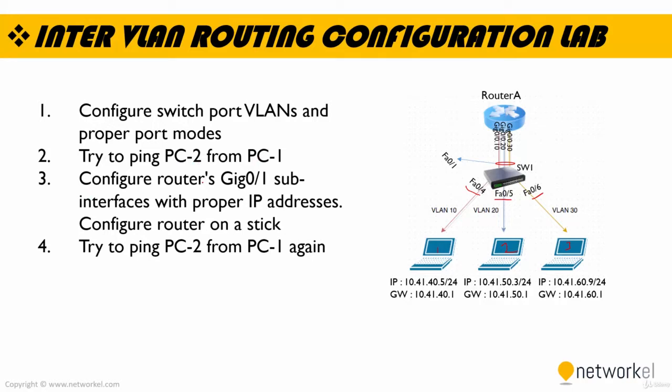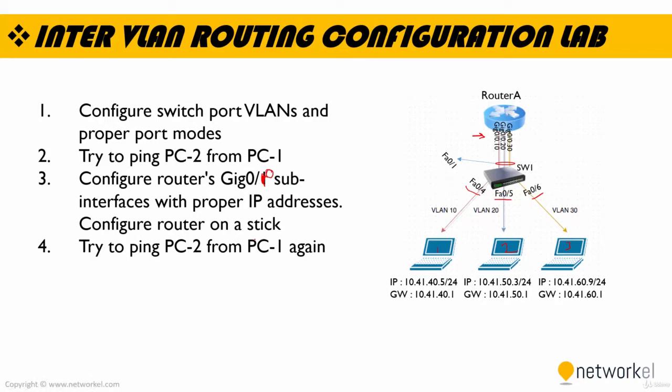Then configure the router's Gig 0/1 sub-interfaces with proper IP addresses. I think this is written wrong. This is going to be Gig 0/0 because in the figure it's Gig 0/0. And configure router on a stick. And in the final step, try to ping PC2 from PC1 again.